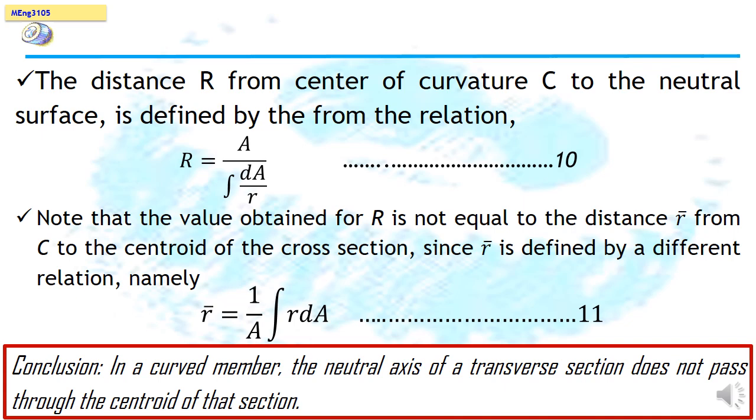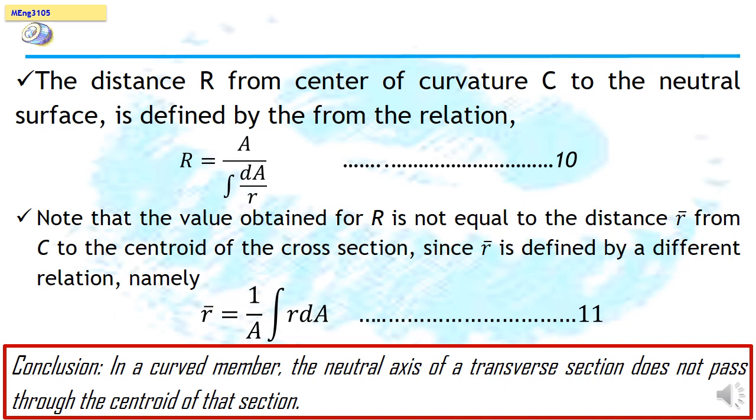Let me now show you here with the diagram. Look, suppose I have here a rectangular section like this, and you may consider, for example, the center of curvature is right somewhere here. Let me make it another kind of section, maybe a circle, like this. Look, it is the center of curvature.